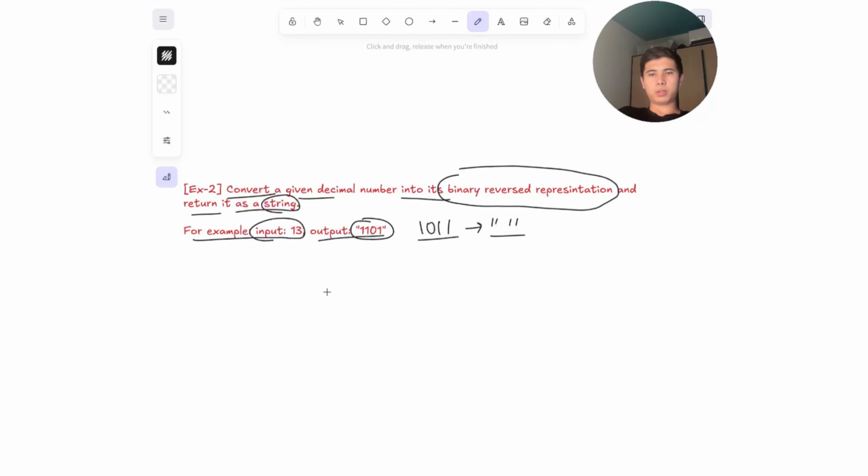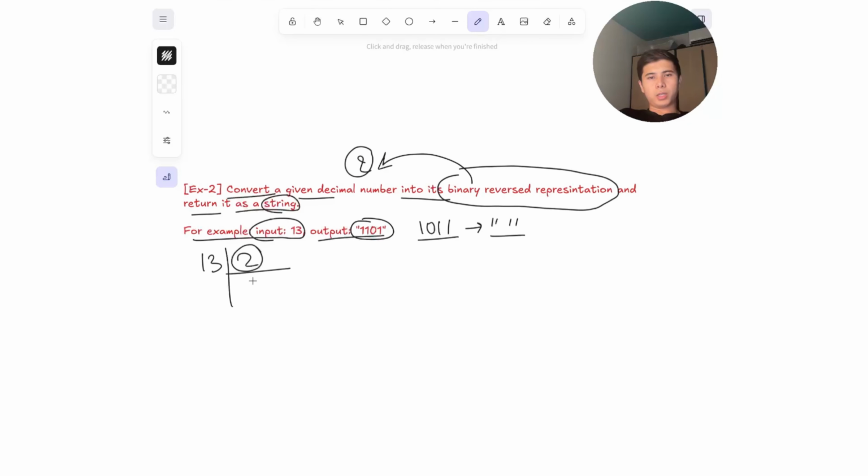We have to convert it to a string format. So firstly, we have to know what steps it needs to pass through to reach the result. We are using 13 as a real example. We just divide by 2. Why? Because this belongs to the binary representation.